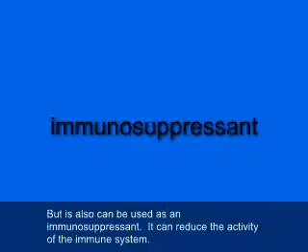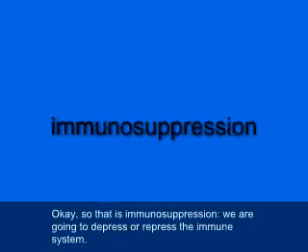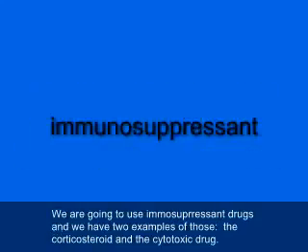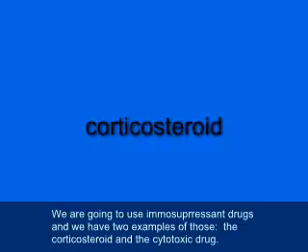But it also can be used as an immunosuppressant. It can reduce the activity of the immune system. Okay, so that's immunosuppressant. We're going to depress or repress the immune system. We're going to use immunosuppressant drugs, and we have two examples of those, the corticosteroid and the cytotoxic drug.